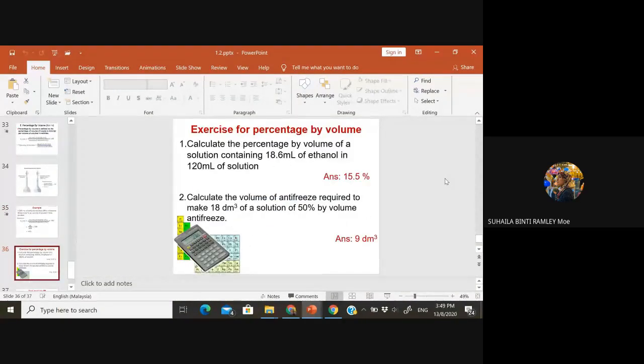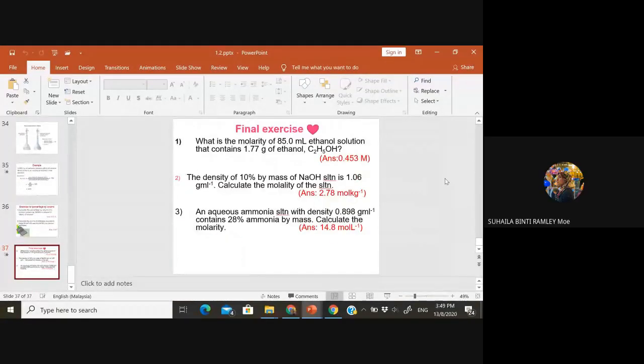Percent by volume 2. And the final exercise 3. Overall it is 14 exercises, and they are all simple, to remind you how to use the formula.